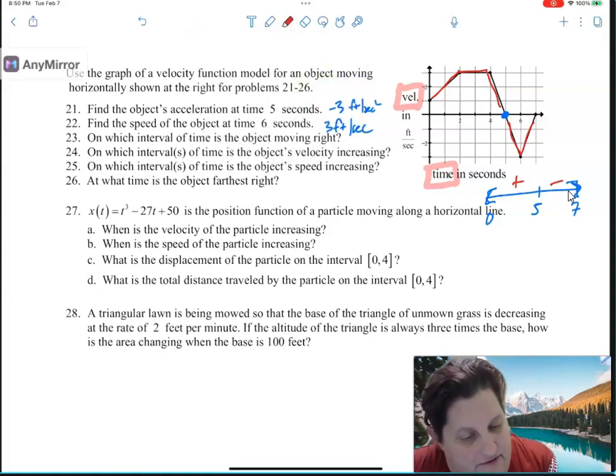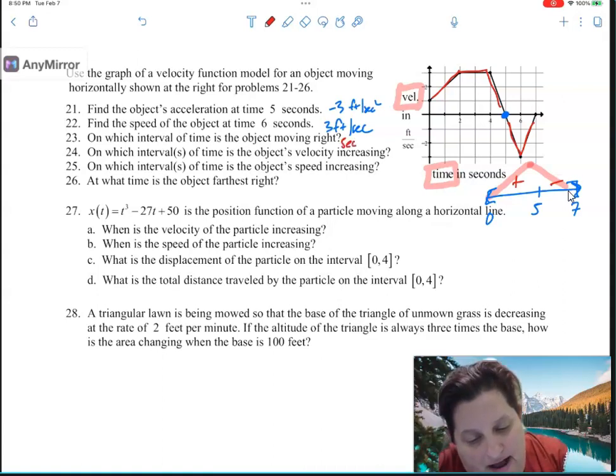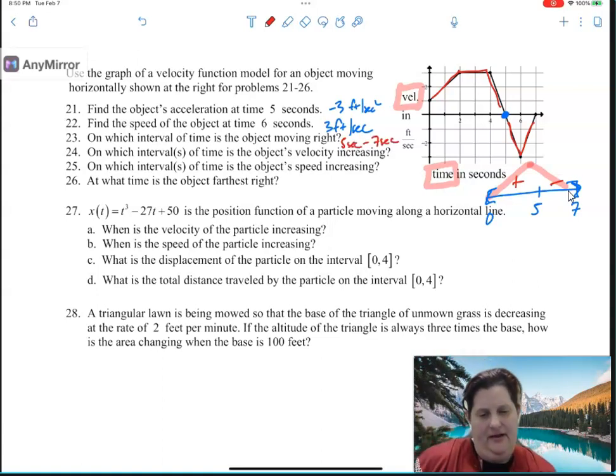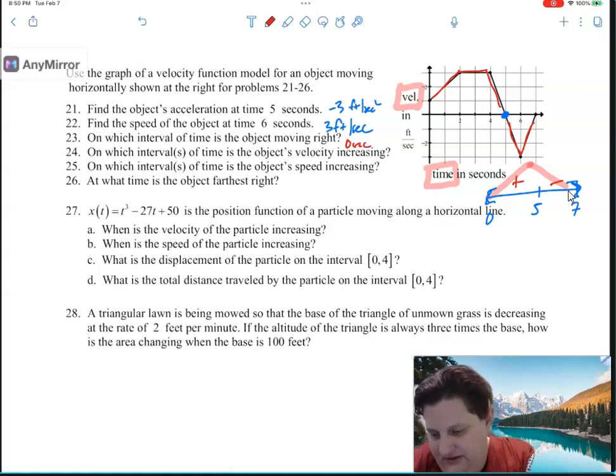And since I'm looking at the derivative, that's increasing, decreasing. Okay? So the object is moving to the right from 0 seconds to 5 seconds.